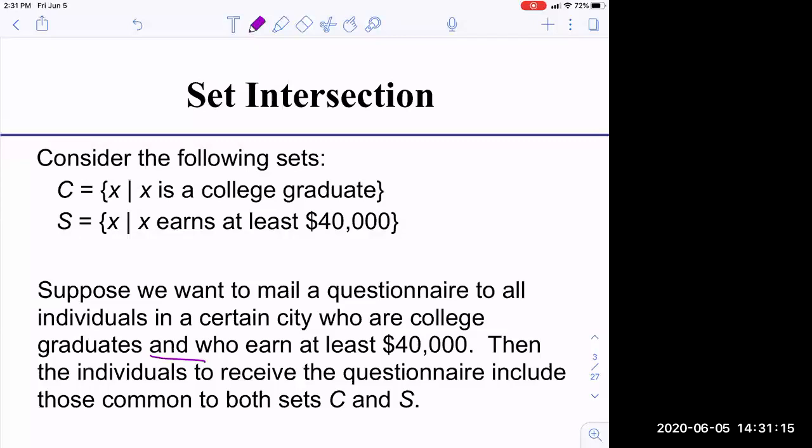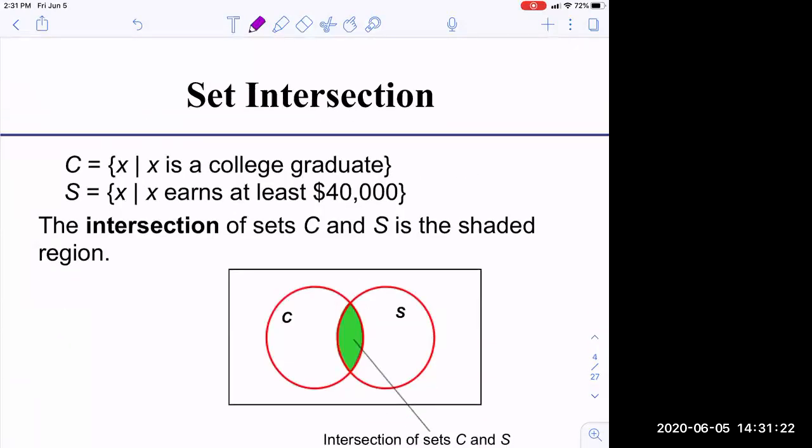So the questionnaire is going to the individuals that are in both sets. That's the intersection. That's where they overlap. So people in here are both a college graduate and earn at least $40,000.